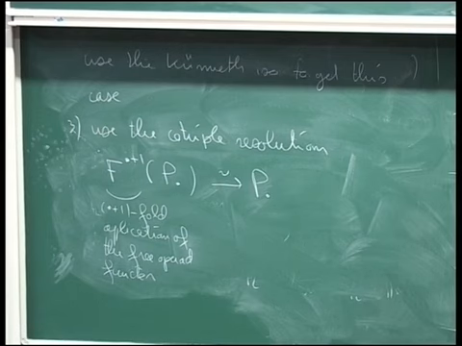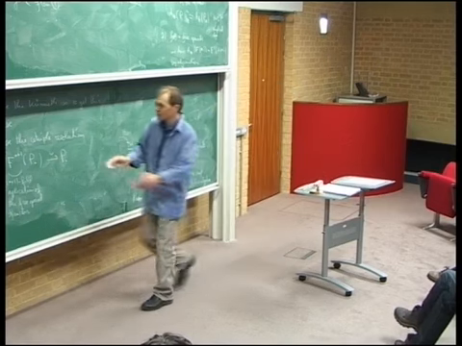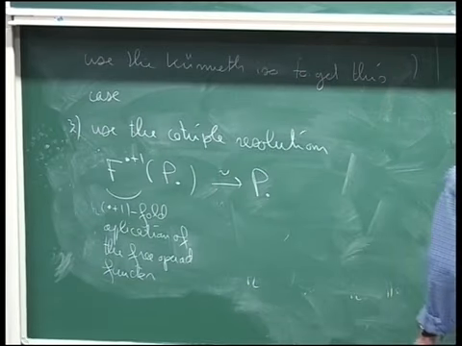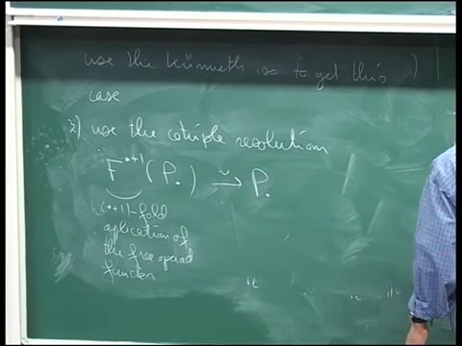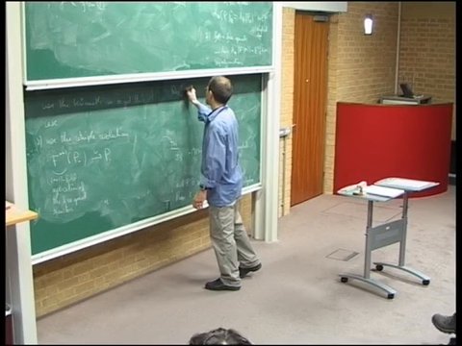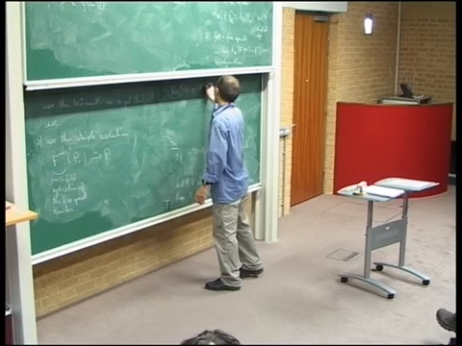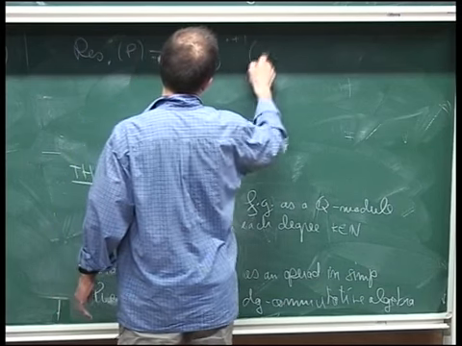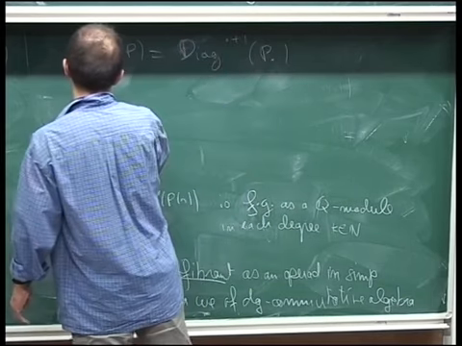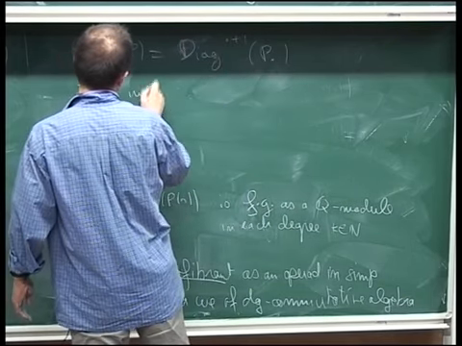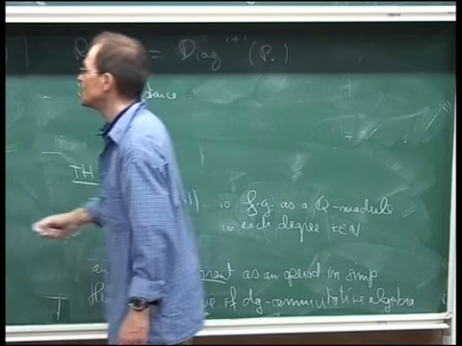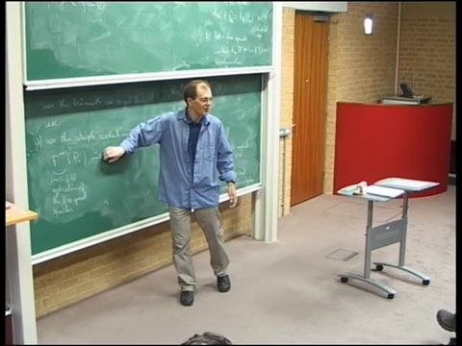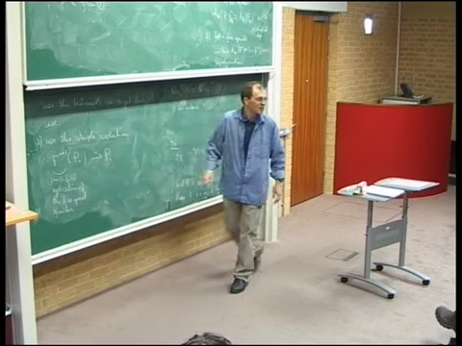So now, this is an instance of a covariant resolution of P in general. This is the diagonal object associated to this operad. You have to assume that P is sigma covariant as a symmetric sequence, but this doesn't matter.